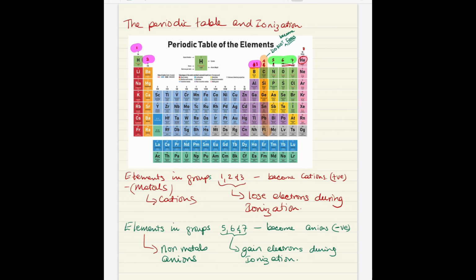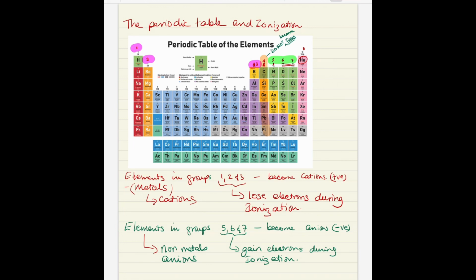So as you can see based on the diagram on the periodic table, these elements will all become anions, and these elements over here will become cations during the ionization process. So if you're given an element in a test, an exam or an assignment, the first thing you can do is to look and see what part of the periodic table this element is from.